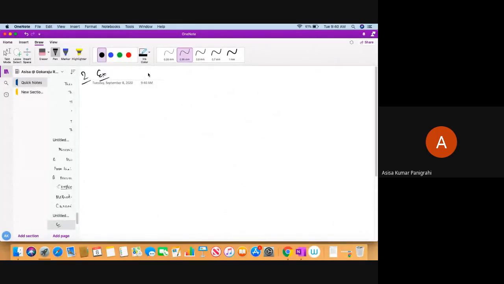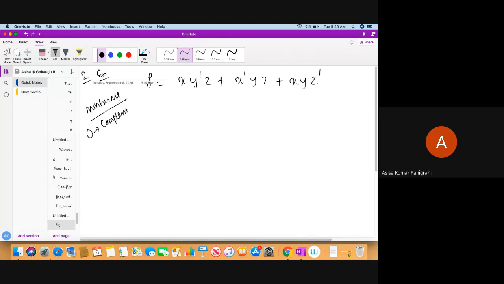See here. Let's say my function is like this: x y bar z, or x bar y z, or x y z bar. What I told you, min terms will be expressed for 0, it will be in complement. 1 means it is uncomplement. Do you understand, students?